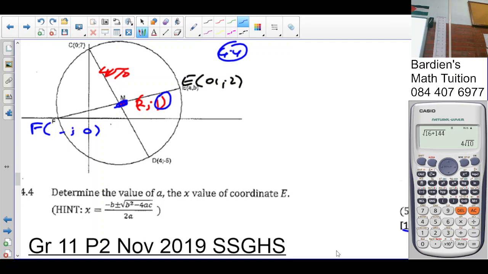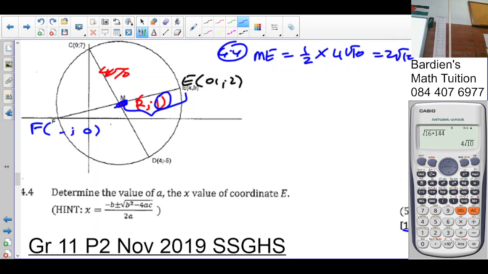However, we know that from center to circumference, that is the radius. So ME is going to be half of CD, because CD is your diameter. So that's going to be half of 4 root 10, which is 2 root 10.